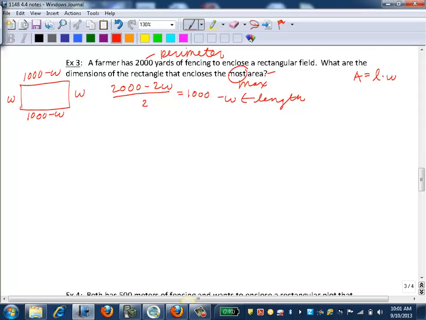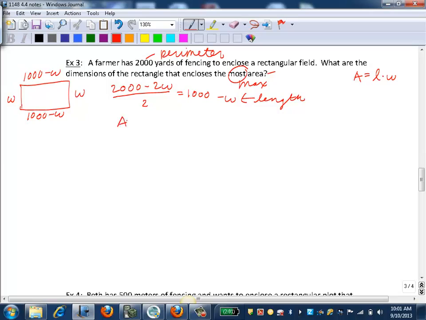Okay, so now let's make our area function. We know our length and width, the product of length and width, but we only want one variable. We want an area, and then we want to pick one of these variables, and I used W here.